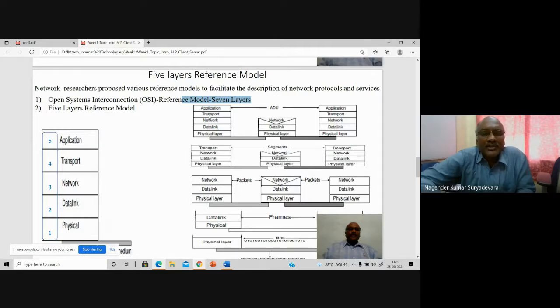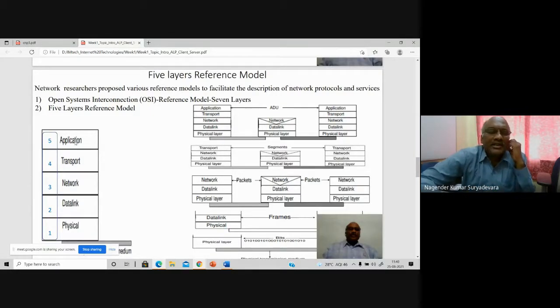But from these 7 layers, people consider only the 5 layers reference model, which is in practice and which everybody follows. Out of the 7 layers, people only follow those 5 layers for most communication, for better exchange of data.